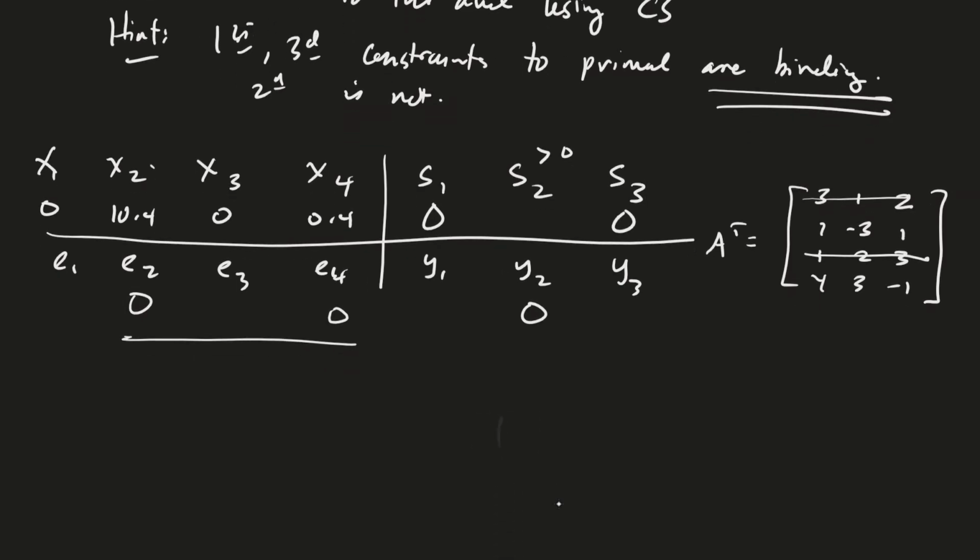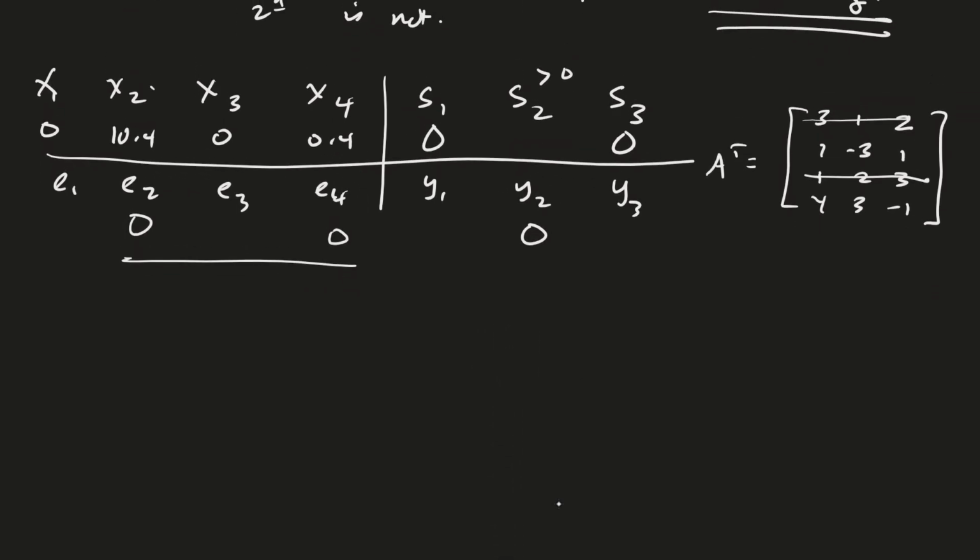And so then I know that y1 minus 3y2 plus y3 is equal to 4, and 4y1 plus 3y2 minus y3 is equal to 1.